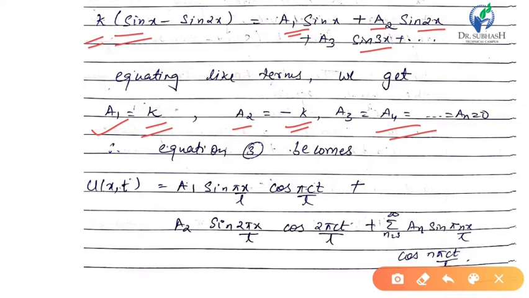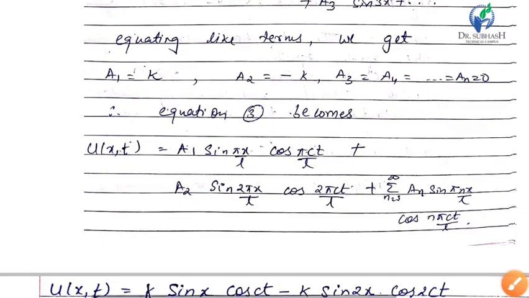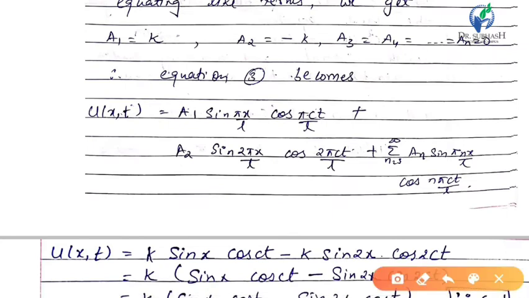So our equation 3 will become u(x,t) equal to, I will put all these values in equation 3. a1 sin pi x upon L cos pi ct upon L. a2, I am opening this summation sign, putting the values of n equal to 1, 2, 3 and so on.